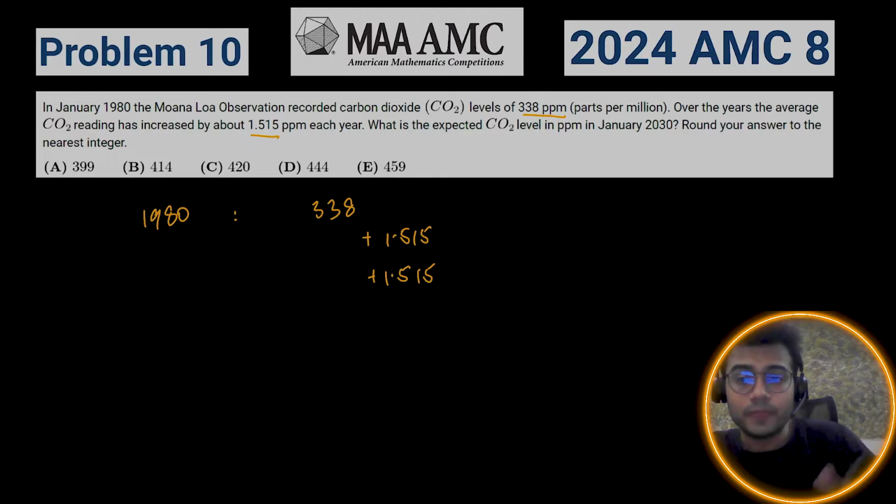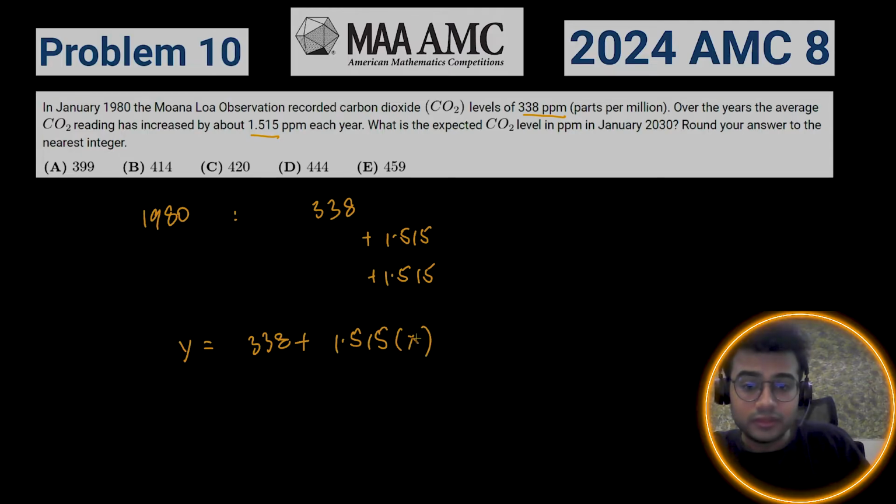So we know that the expression for the amount after X number of years will be 338 plus 1.515 times X. Since if it's 1981, the number of years would be 1, 1981 minus 1980. So all we have to do is subtract 1980 from the year number, and then we get X.